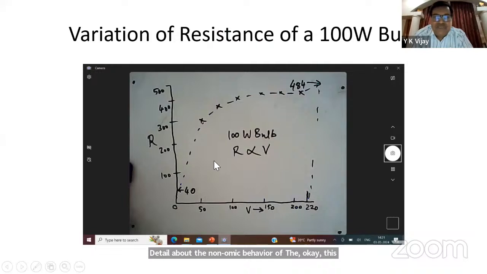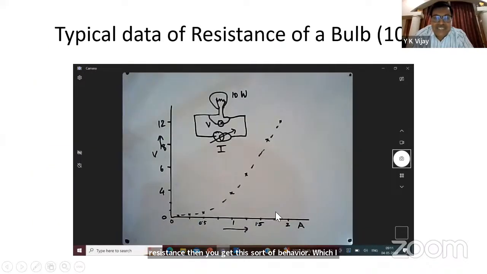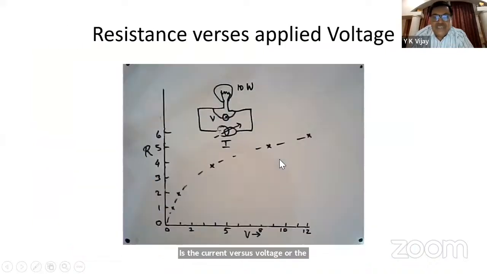If we plot the current versus voltage, this is the behavior. If I have the resistance versus voltage, the shape comes like this, and it gets saturated at a certain voltage. That was one of the questions.